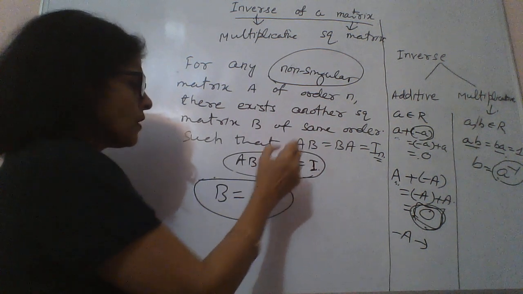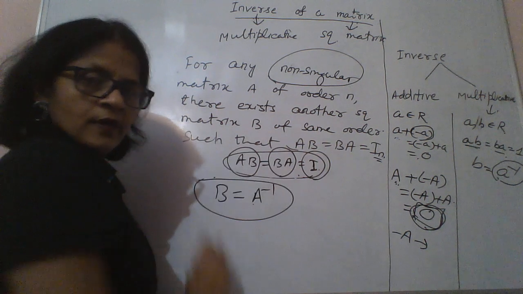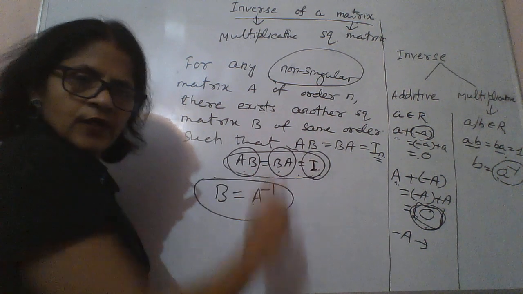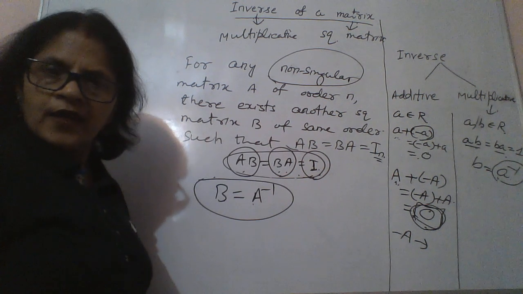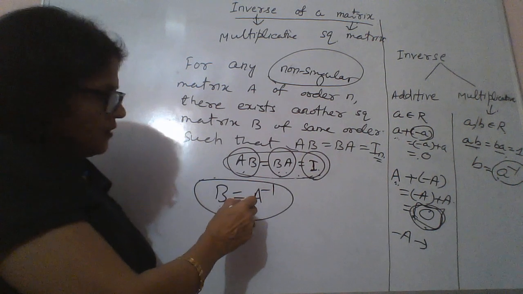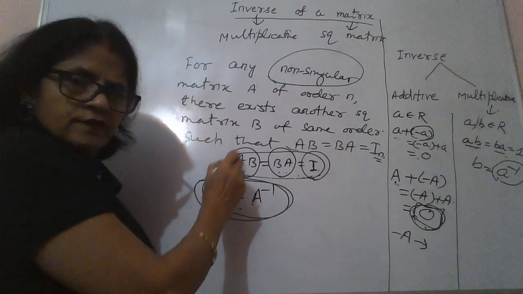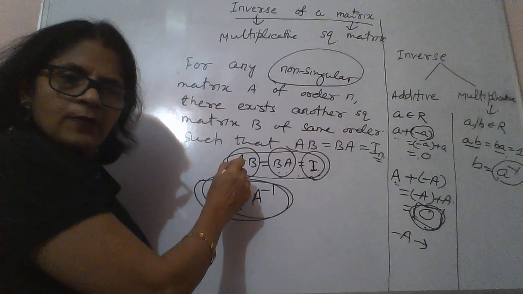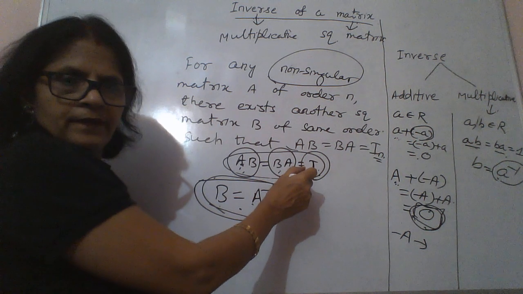Second thing is, it should be AB equal to BA equal to I. In case AB equal to I, BA equal to I, but AB not equal to BA, even in that case you cannot say B is inverse of A. So for A inverse equal to B, this condition has to be very strictly followed. You should have AB equal to BA equal to identity matrix.